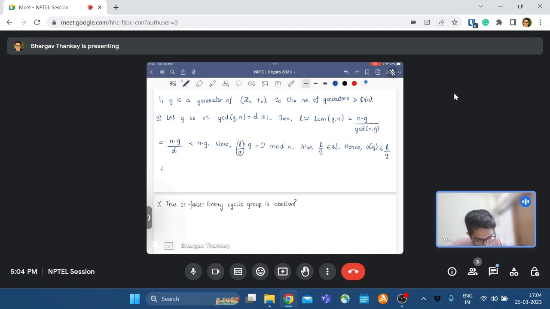So this thing is strictly less than N times G over G, which is equal to N, the size of Zn. So the order of G is strictly less than the size of Zn. So G cannot be a generator.